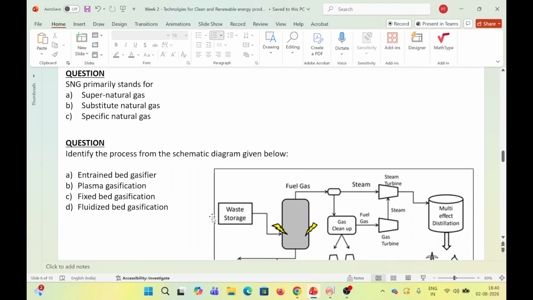SNG primarily stands for what? I hope you are able to remember the utilization of syngas concept, when we discussed the different ways. One of them is using the syngas for SNG. Now SNG primarily stands for supernatural gas, specific natural gas, or substitute natural gas. Only three options.